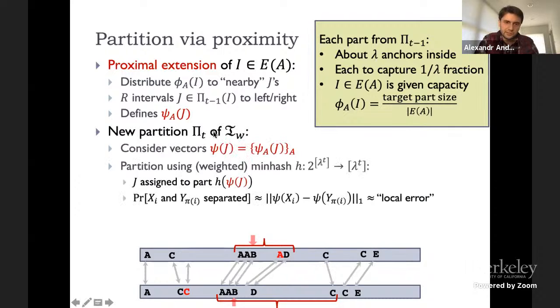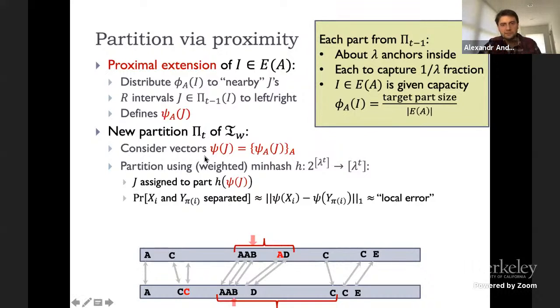To construct a new partition, each other string, let's say something like B, for example, there is a bunch of these anchors, right? And in some sense, different anchors will compete for the same substrings to capture. So one string just waits until we've seen all the anchors. Each anchor tells it how much it wants that J, for example, that substring.